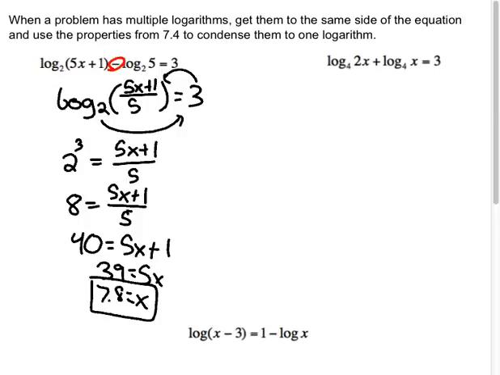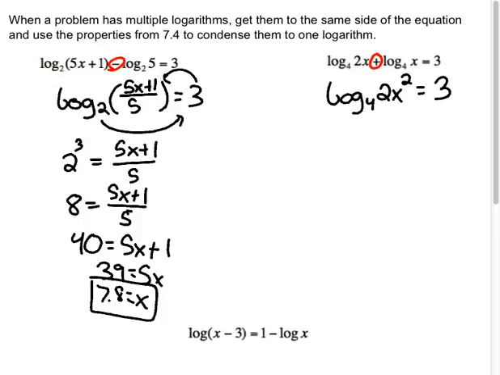Right? So not too horrible. Just make sure that you know those condensing properties. Okay? That's going to be the key to doing well on these. What about here? Adding means that I can multiply. So I can condense this. 2x times x is 2x squared.